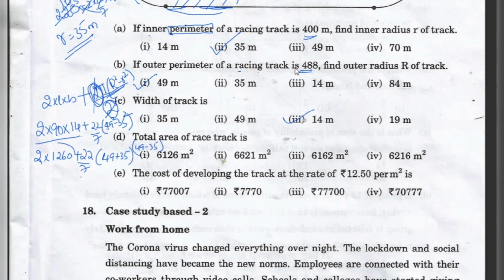So we get 2520 plus 22 by 7 into 84, and this will be into 14. So finally we get 2520 plus 3696, which is equal to 6216. Do check each and every term and digit and then take your answer. 6216, option 4.